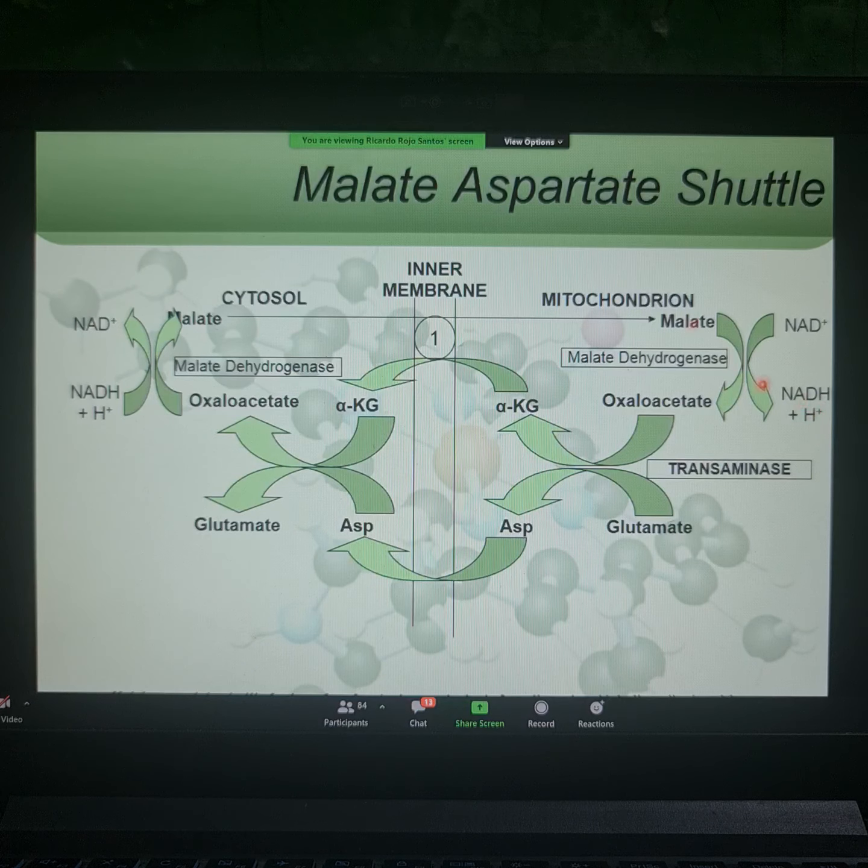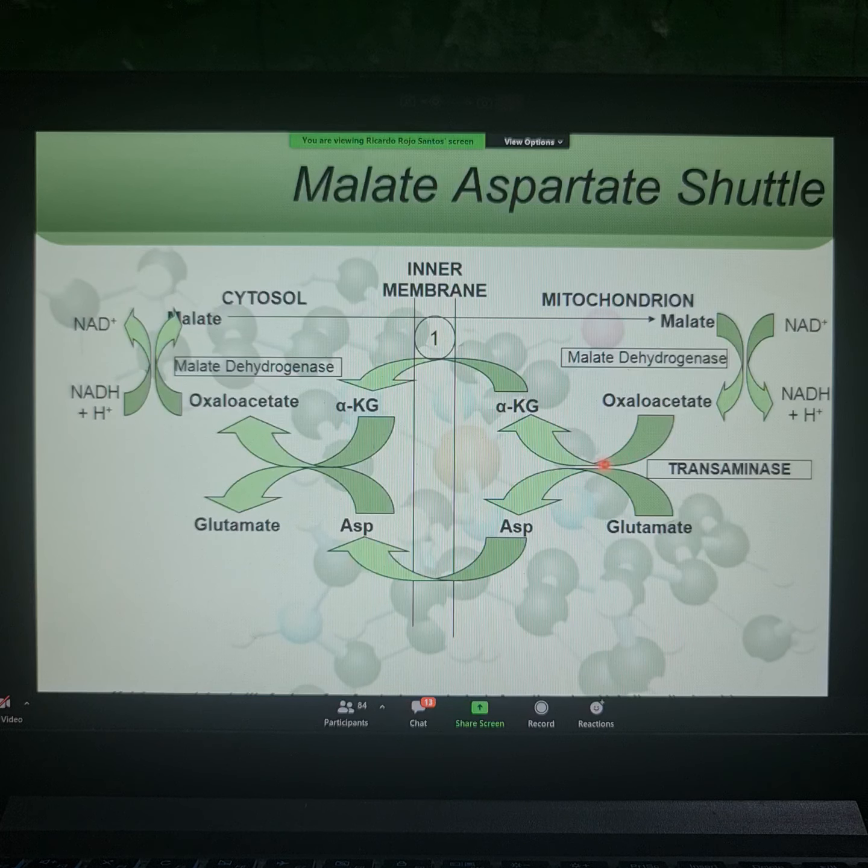Okay? And malate will be converted back to oxaloacetate. And then what will happen to this oxaloacetate? It will undergo a transamination reaction catalyzed by transaminase enzyme. It will react with glutamic acid.